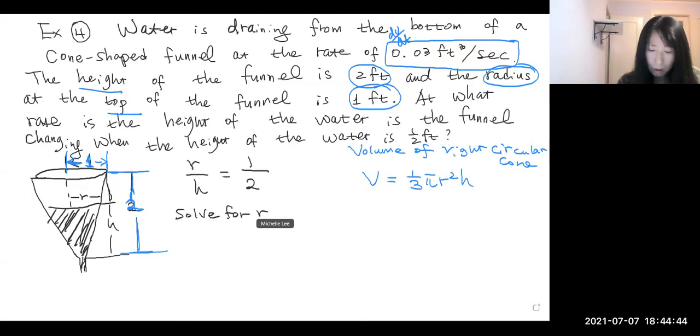Okay, then look, like a cross product, right? So this is 2R equal to H, right? Then R equal to 1 over 2 H, right? So we substitute there.